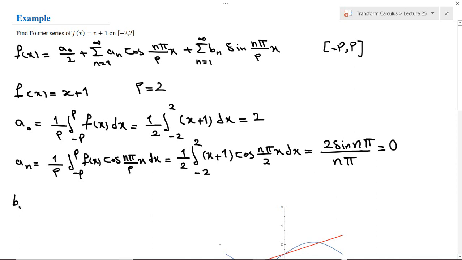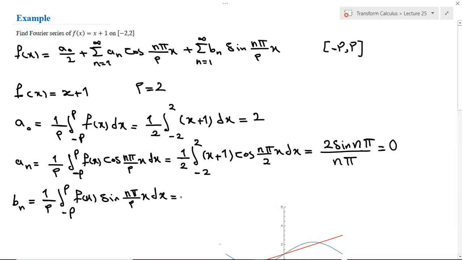Now we have to find bn. So bn is 1 over p times the integral from minus p to p of f(x) sine(n pi over p x) dx.